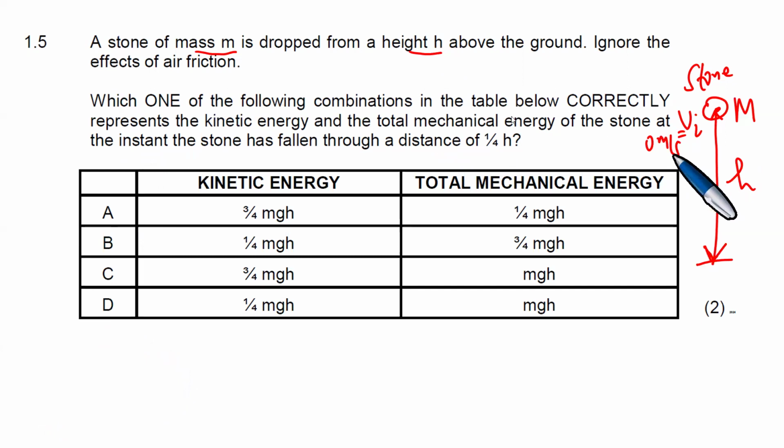Okay, good. Noah thinks it is B. That's fine. Let's check the options. The kinetic energy is 3/4 and the total mechanical energy is 1/4.